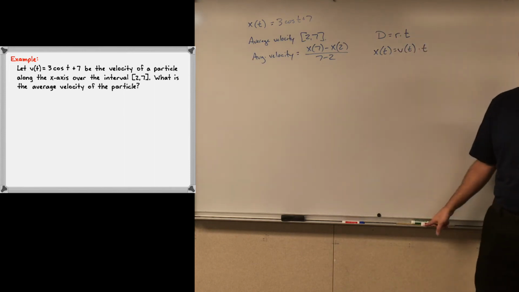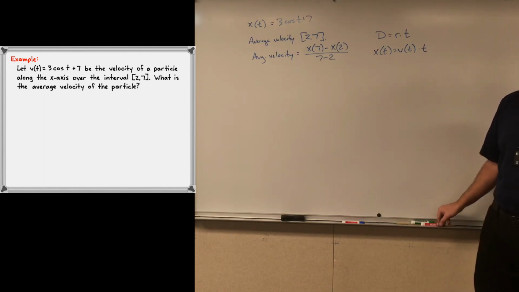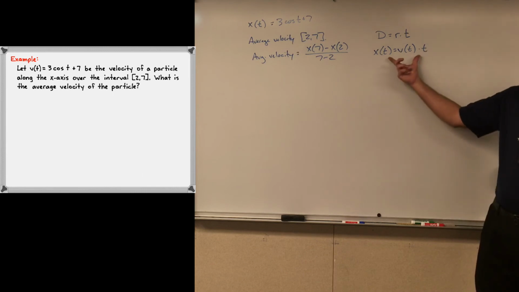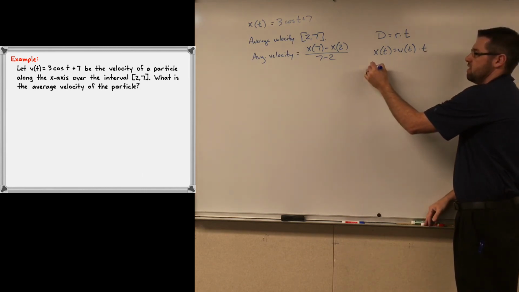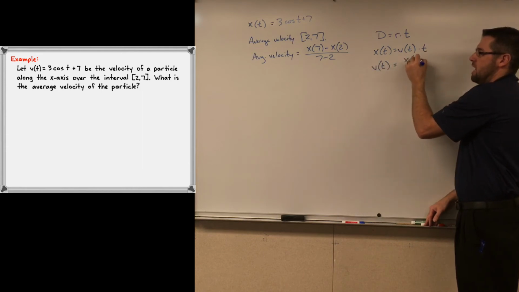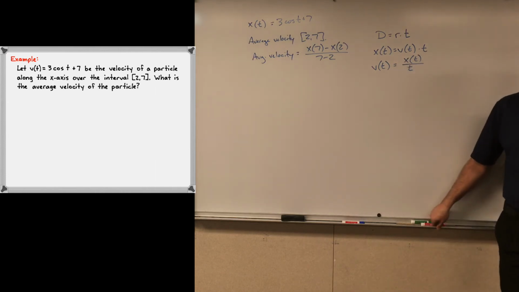You guys okay with that? We are trying to find the average velocity, yeah? How would I solve for velocity here? So we're going to say v of t is equal to x of t over t. You guys okay with that so far? I mean, that's just basic algebra stuff. We're trying to make the connections here.